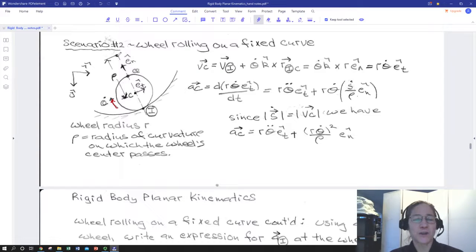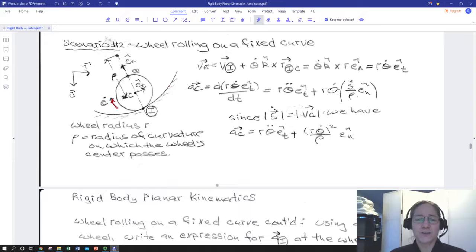So if you think about it, assuming that it's a constant radius from this point, this would be our radius of curvature of the surface, and the distance between that and our center point we're calling rho. It isn't the entire radius of curvature of the surface, it's the offset between those two. Okay, but beyond that, everything else is the same.